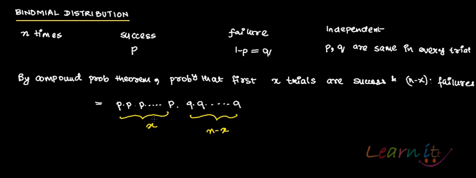So this P has occurred X times, so it is P to the power X, and this is Q to the power N minus X.